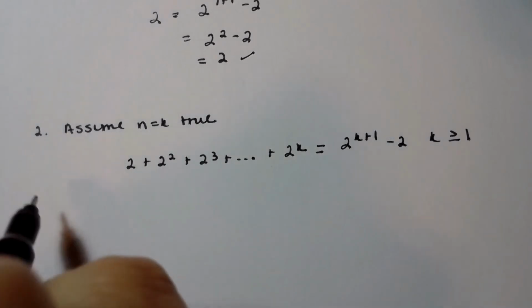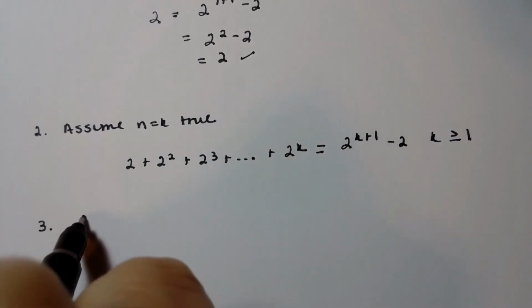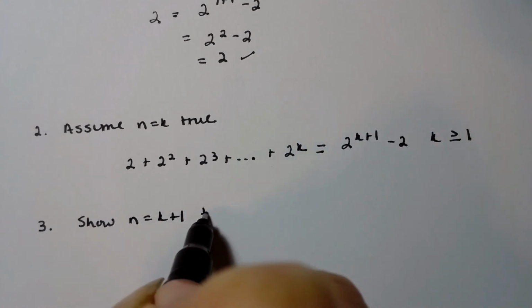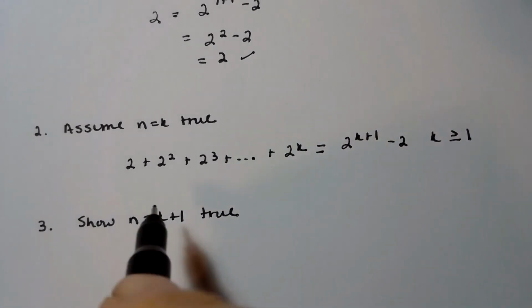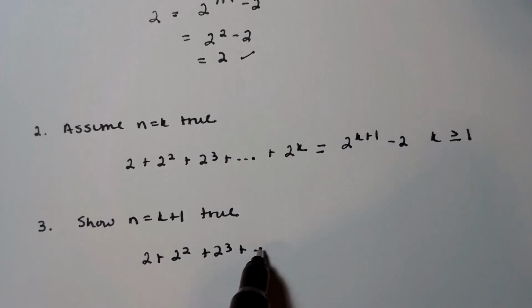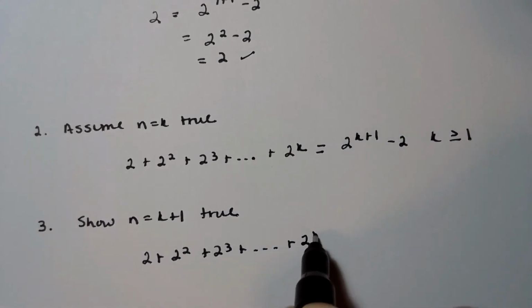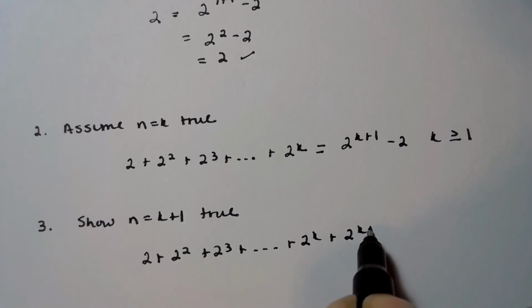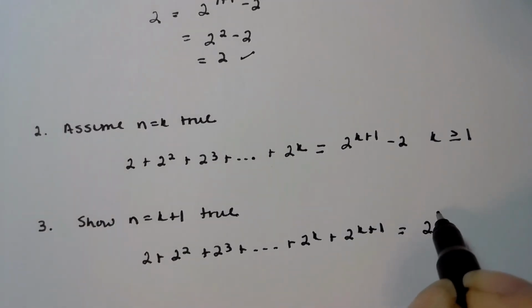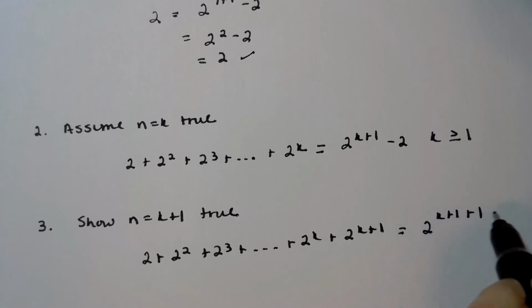And now I'm going to write my inductive hypothesis. I'm going to show n equals k plus 1 is true. So 2 plus 2 squared plus 2 cubed, up to 2 to the k plus 2 to the k plus 1, is equal to 2 to the k plus 1 minus 2.